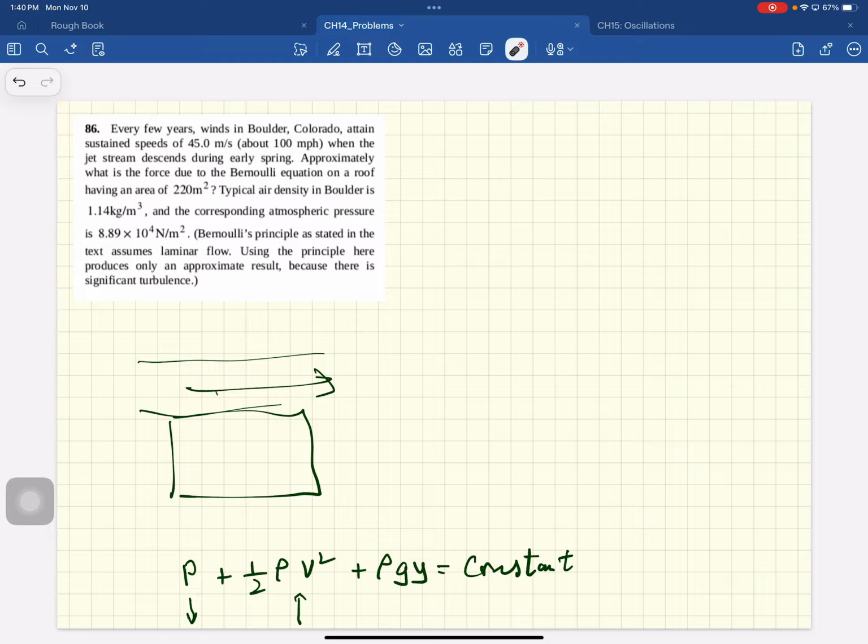Typical air density in Boulder is this, and the corresponding atmospheric pressure is 8.89 times 10 to the 4 Newton per meter square. So 0.889 atmospheric pressure in Boulder, inside the room.